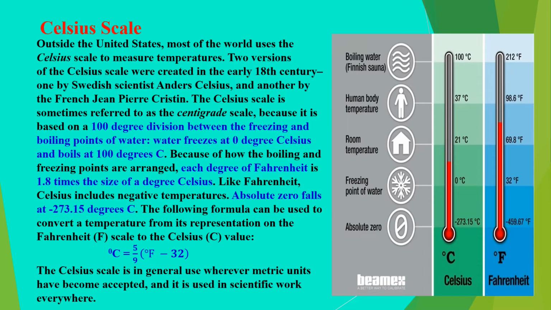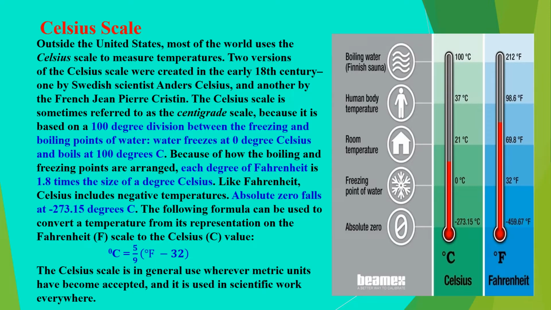The Celsius scale. Outside the United States, most of the world uses the Celsius scale to measure temperatures. Two versions of the Celsius scale were created in the early 18th century, one by Swedish scientist Anders Celsius and another by the French Jean-Pierre Christin.